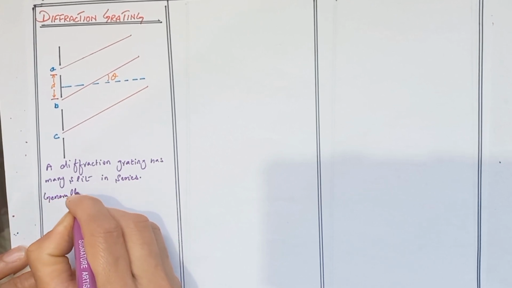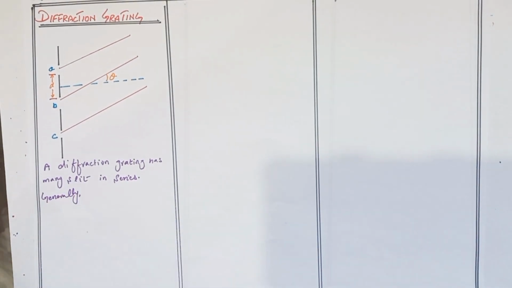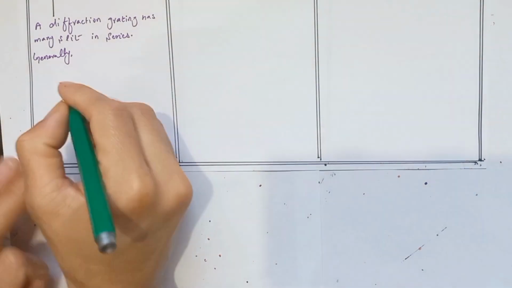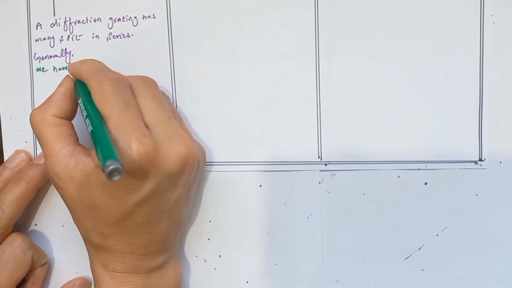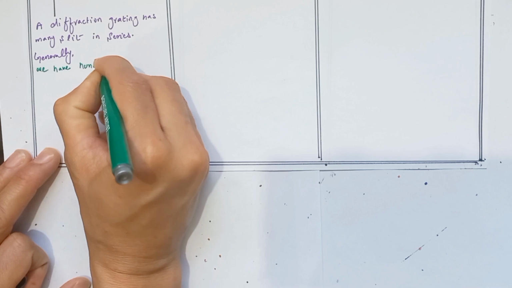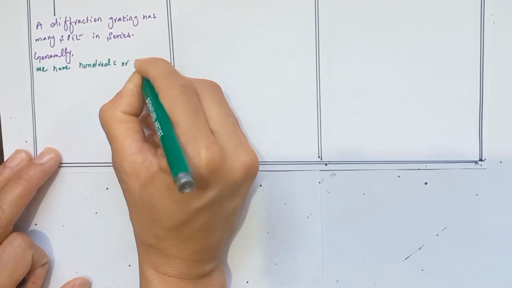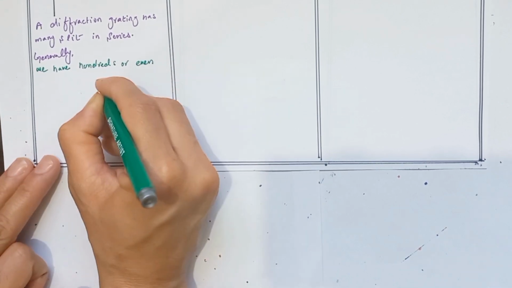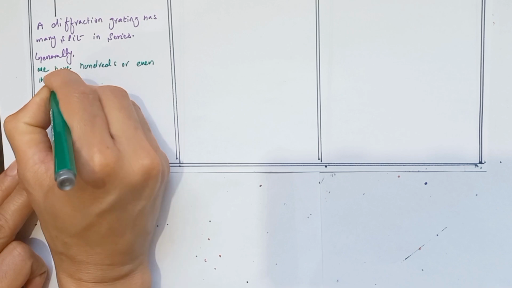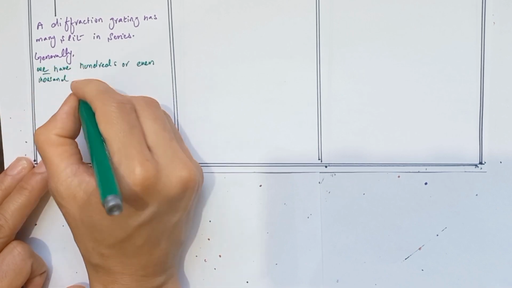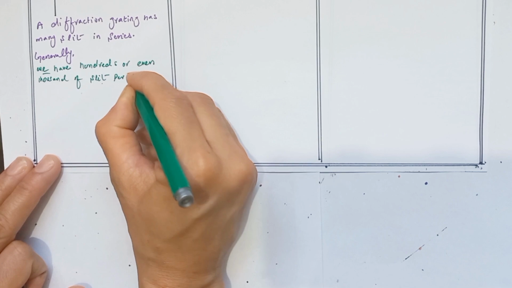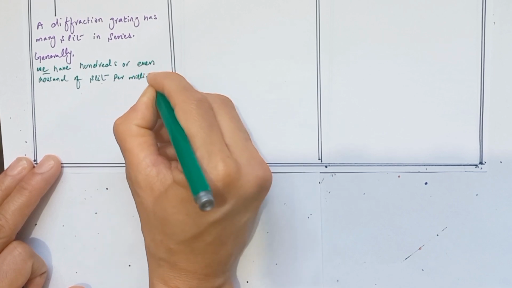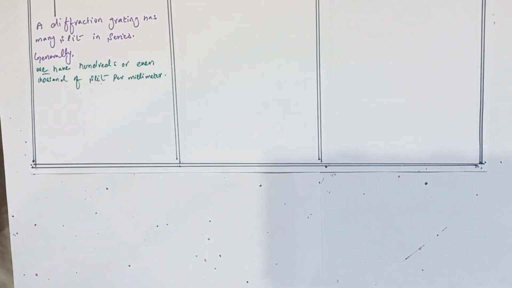Generally, we have hundreds or even thousands of slits per millimeter.